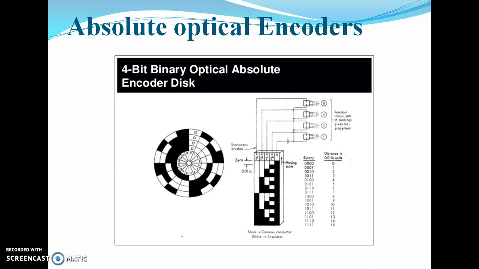So these 4 bits are converted into displacement in angular position. This is how the 4-bit binary optical absolute encoder works.